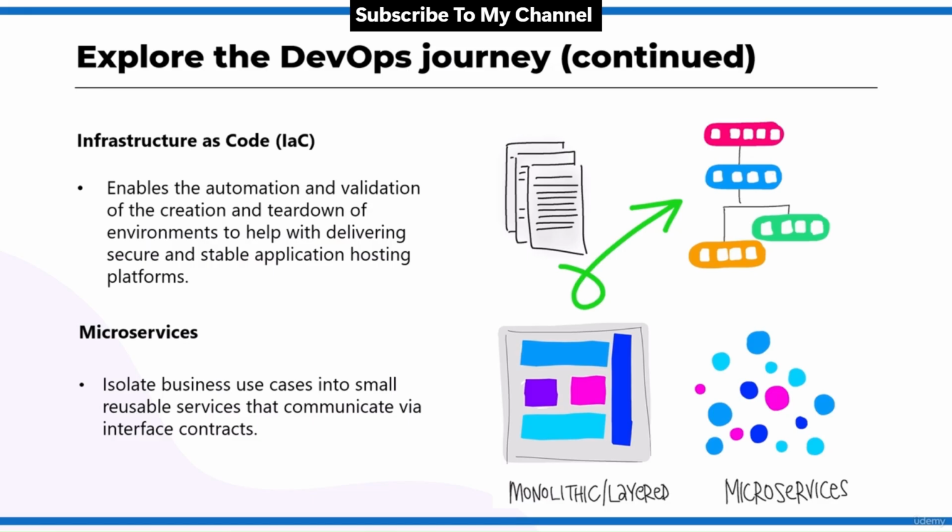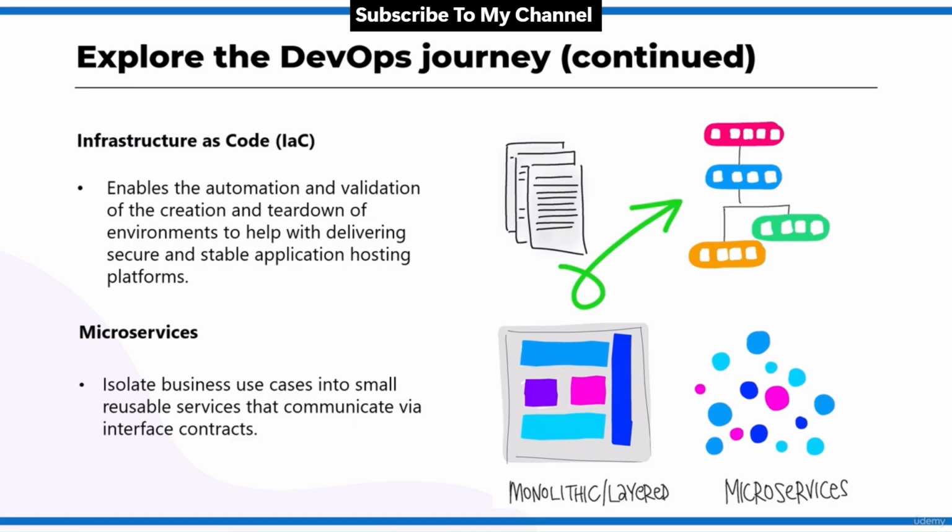As well, you also sometimes have to change certain application-level architectures. You have to incorporate architectures like microservice architecture to isolate business use case scenarios into small, micro-sized reusable services that communicate via interfaces and contracts. This kind of microservice architecture enables scalability and efficiency in your project.